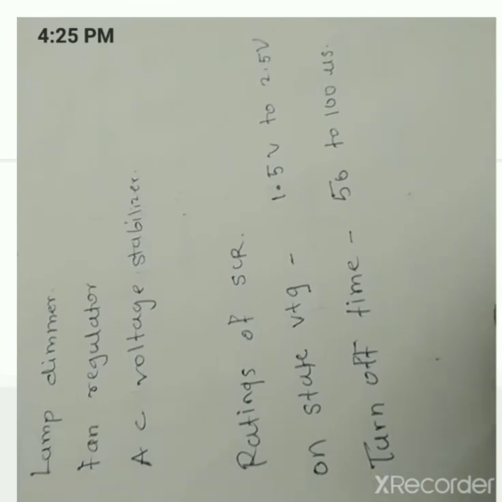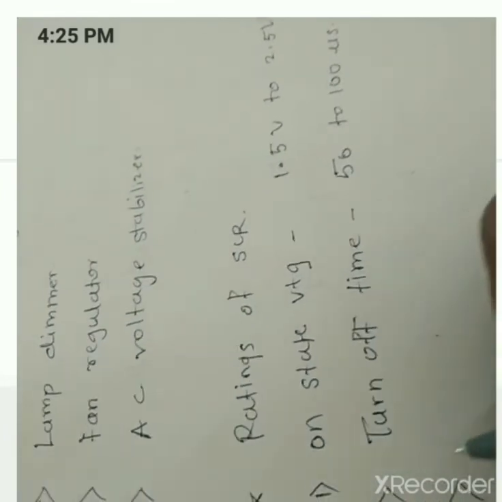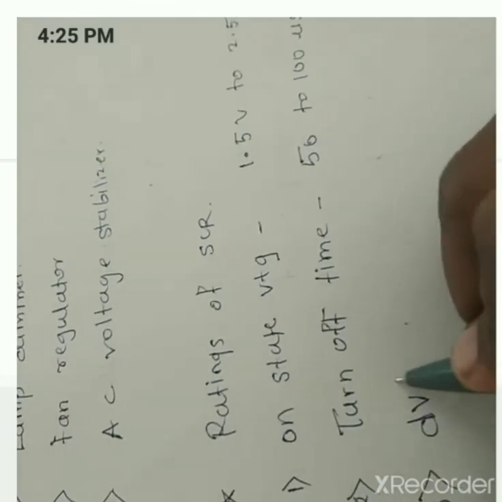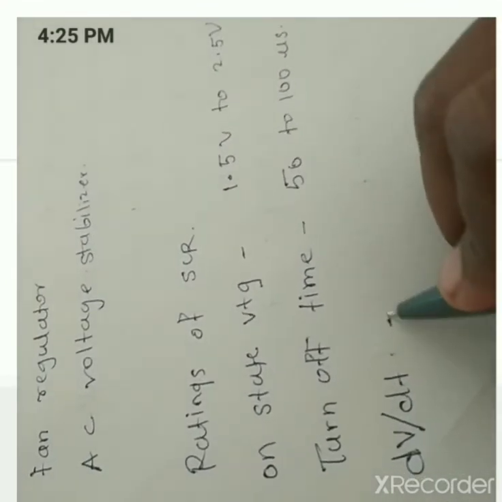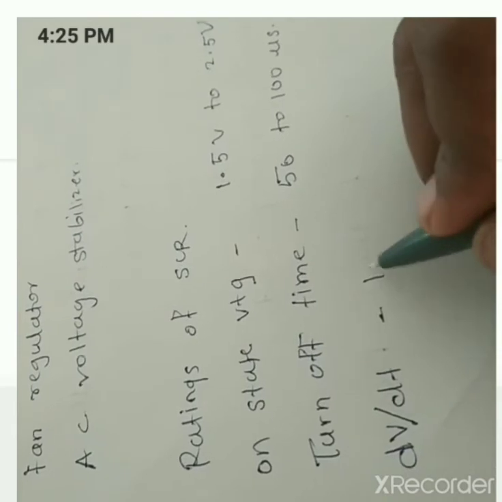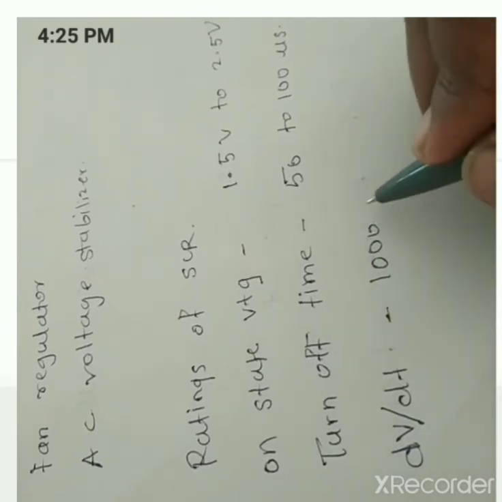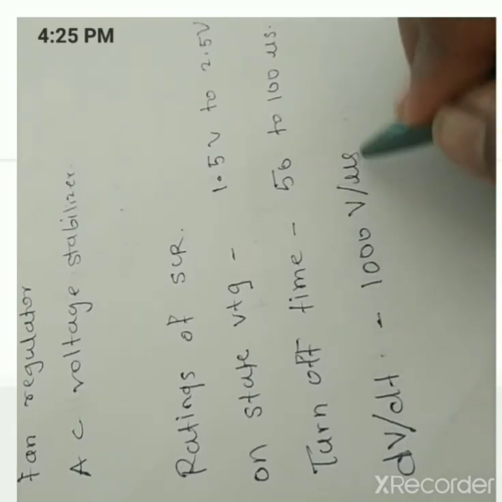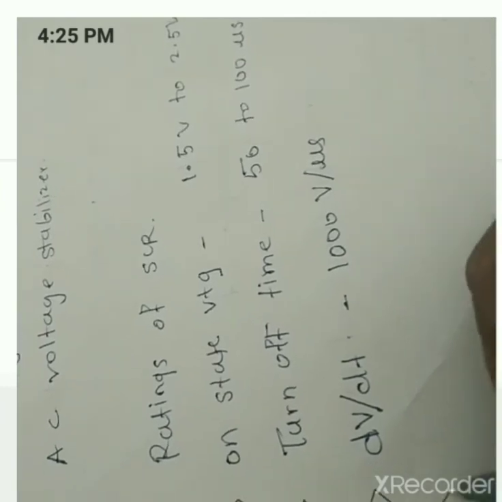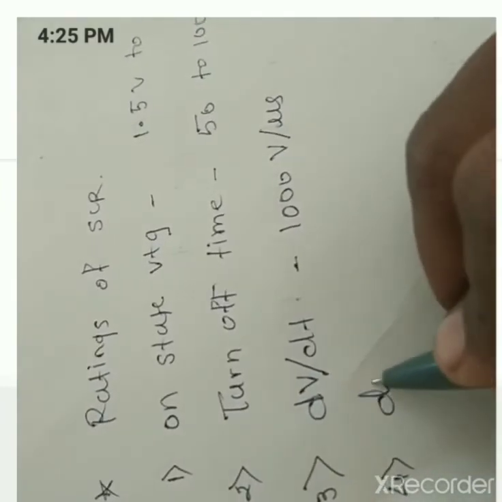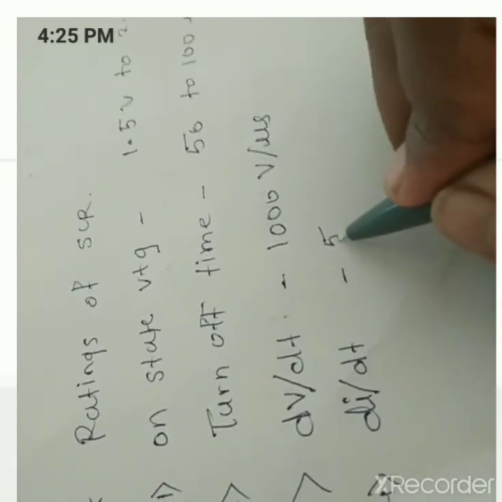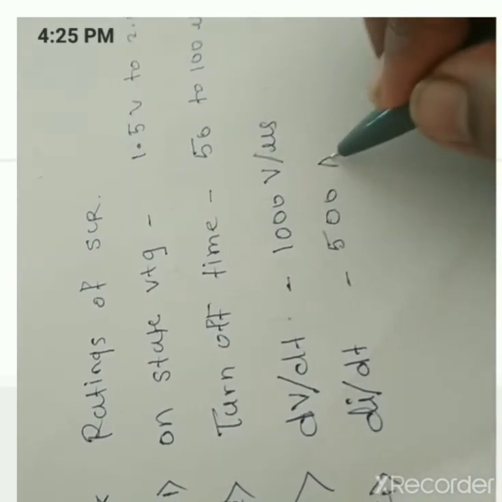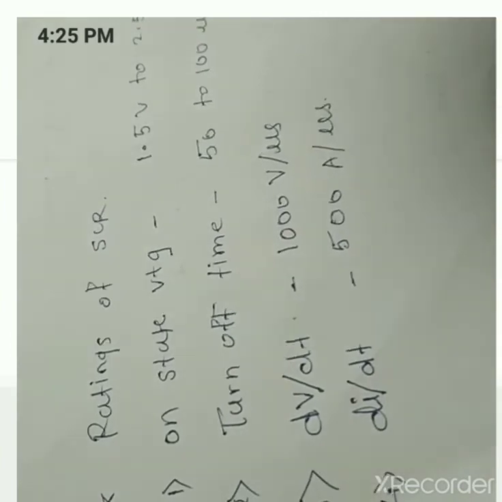Third point is change in voltage. The maximum change in voltage with respect to time should be 1000 volt per microsecond. Fourth is maximum change in current with respect to time, and it should be 500 ampere per microsecond.